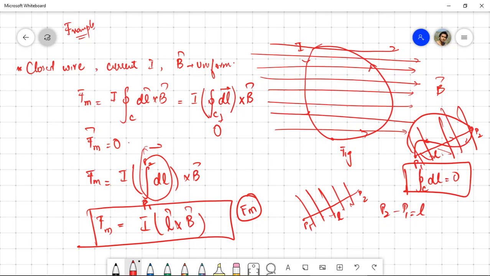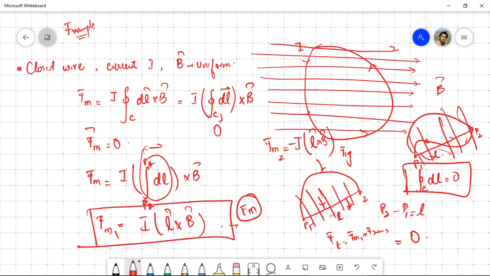Now if he says that the current is coming back to point 1 by following some other path, then for this case the value of Fm was this, and for the return case, when you compute this integral from point p2 to point p1 using this curved path, you will see that the value comes out to be minus I l cross B. The total force will be Fm1 plus Fm2, and that will come out to be 0.